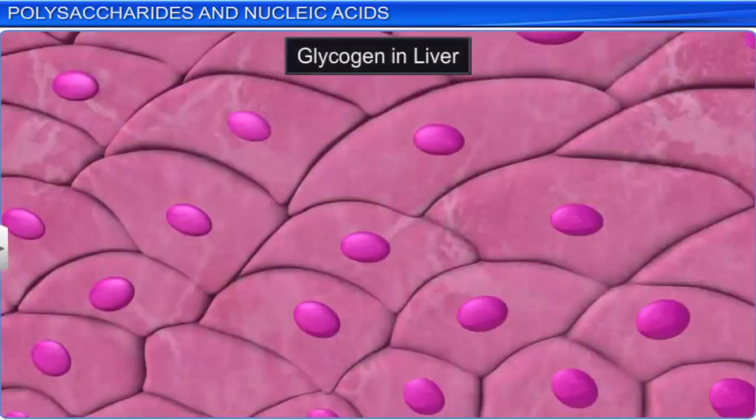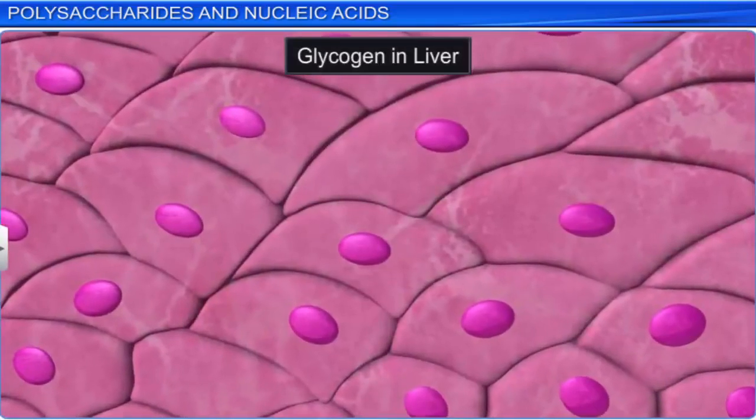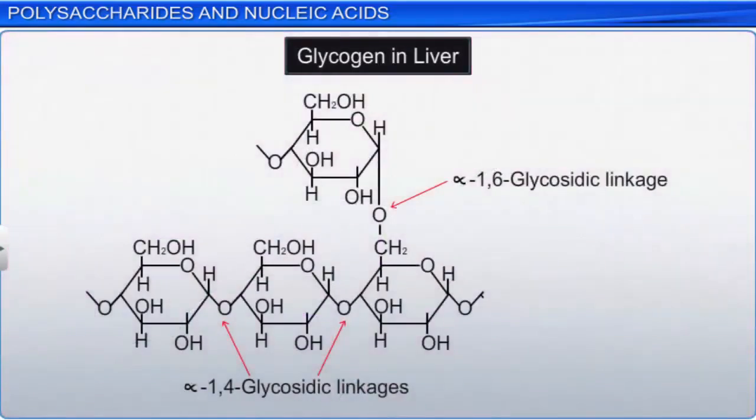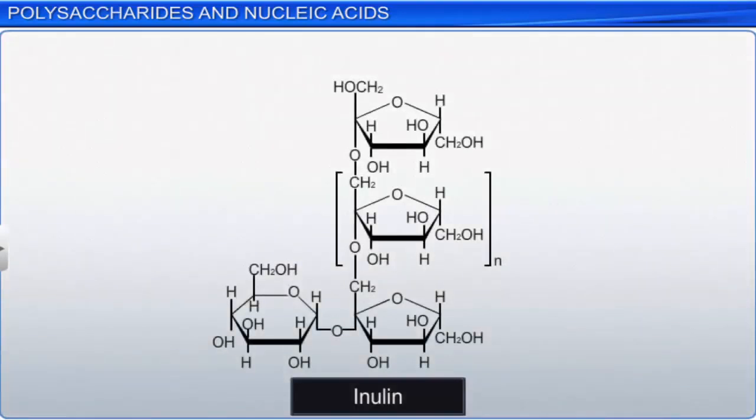In animals, glycogen acts as a homopolymer formed of glucose as a monosaccharide unit, a variant of starch. Inulin is a polymer of fructose.